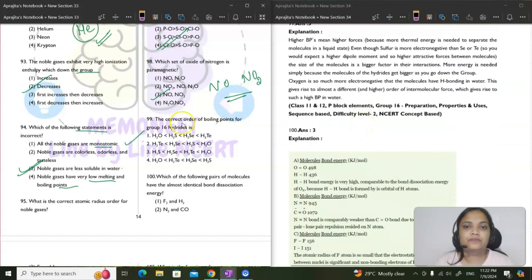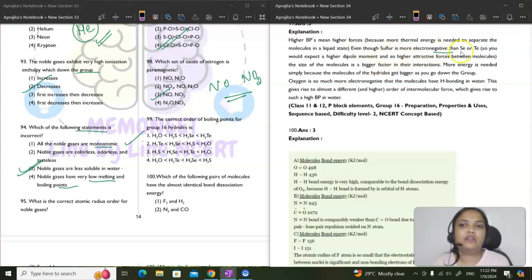Next, correct order for boiling points of group 16 hydrides. Again, students, higher boiling points mean higher forces, meaning more thermal energy is required to separate that particular molecule. Even though sulfur is more electronegative than selenium or tellurium, we expect higher dipole moment and higher attractive forces.